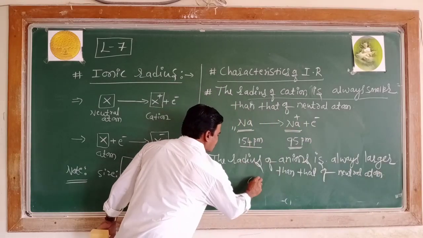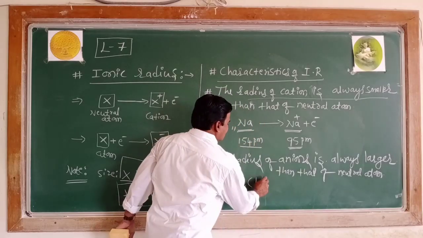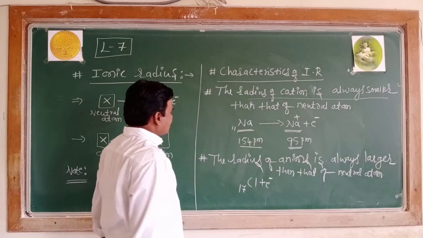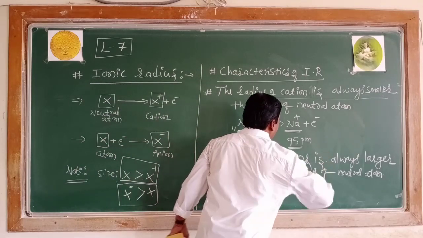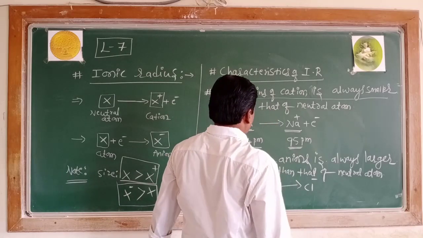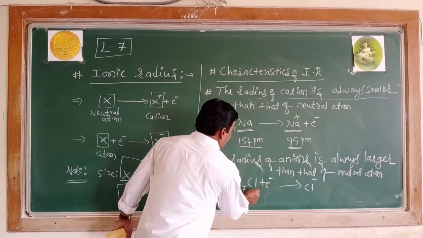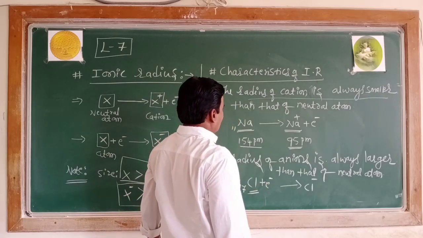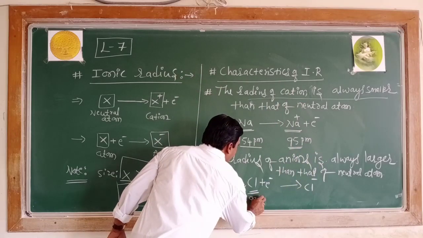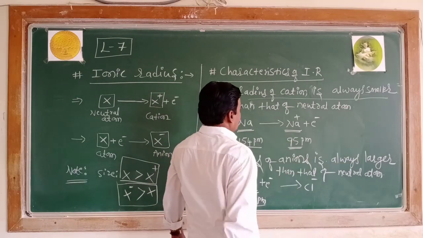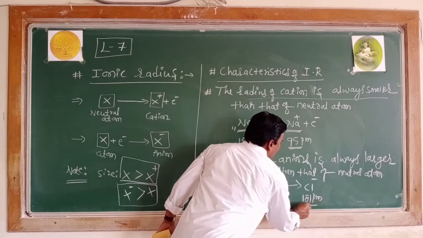So for anions, chlorine with atomic number 17 gains an electron, which gives chloride ion. So with the gain of 1 electron, when you take the radius of chlorine, in the table you recall what was the value? 99 picometer. And the chloride ion, which is almost double, is 181 picometer.